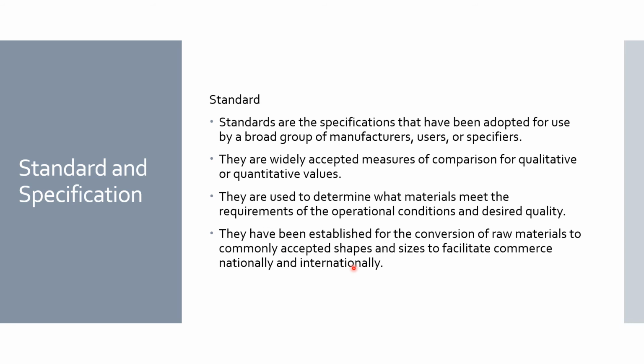So they have been established for the conversion. Another reason is you don't want to calculate again and again. All you have to do is reference the appropriate standards, so you know what the requirements are for the conversion of raw materials to commonly accepted shapes and sizes. You can't just make whatever shape you want.